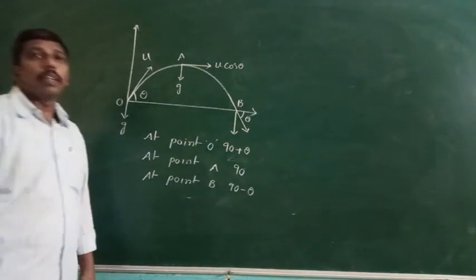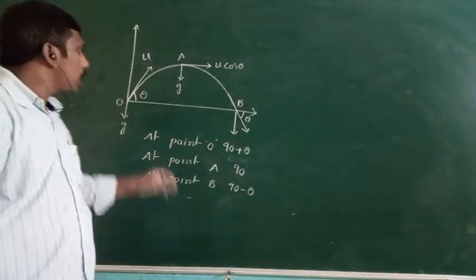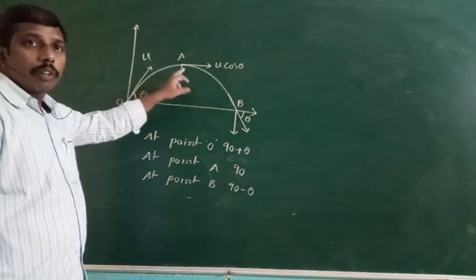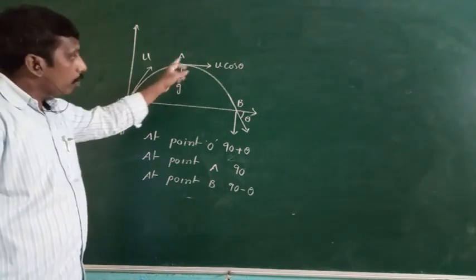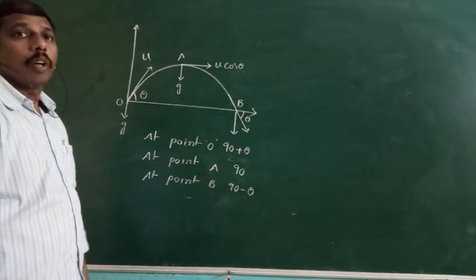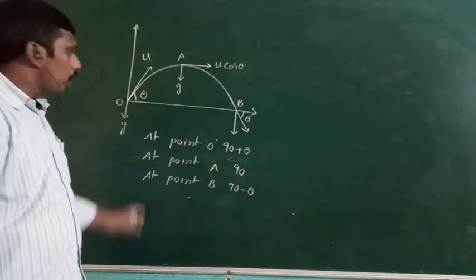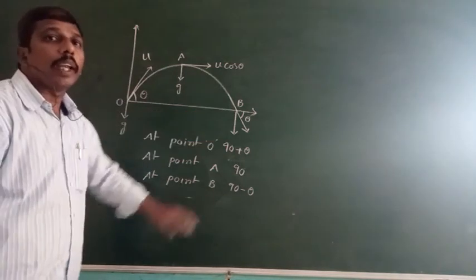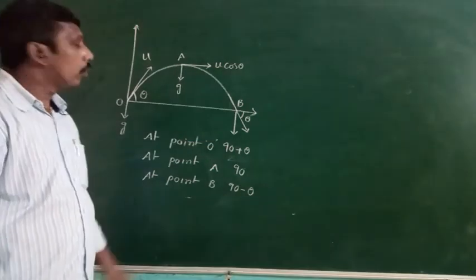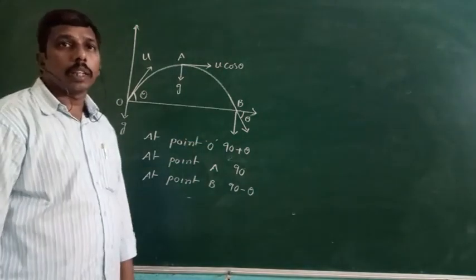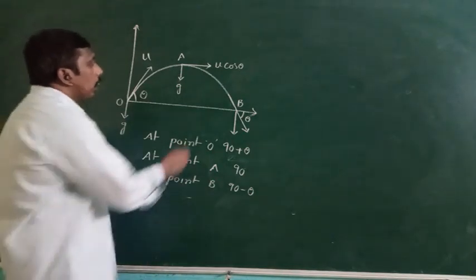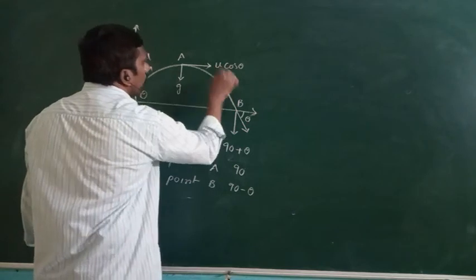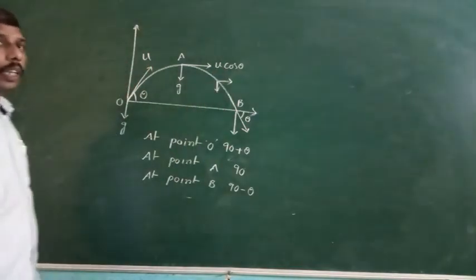So that means the angle between velocity and acceleration decreases from origin to maximum height, and from maximum height to point B it decreases again. So this value changes from 90 plus theta to 90 minus theta. Right? We can find the acceleration direction. At any point, this projectile has two velocities, one along the vertical direction and one along the horizontal direction.